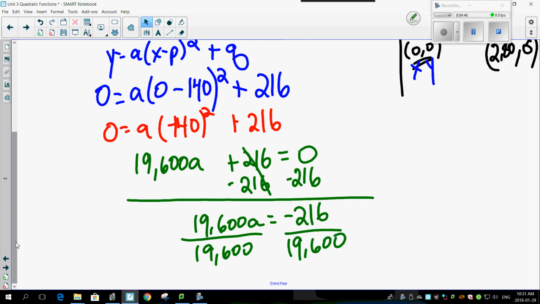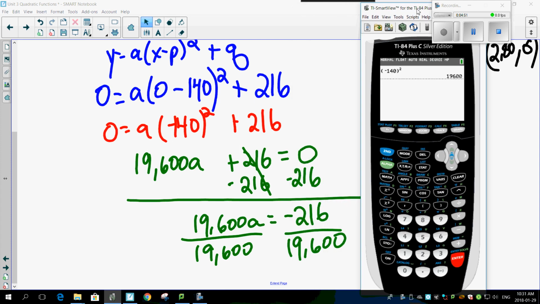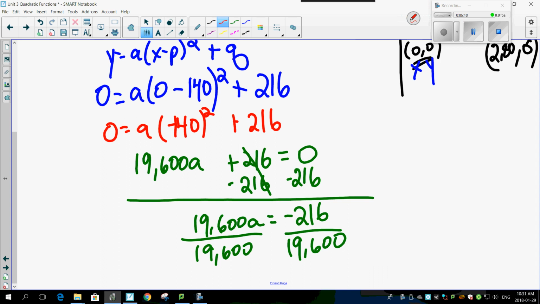Let's go back to our calculator right here and go, okay, so minus 216 divided by our 19,600. There it is. Excellent. Enter. Gives you an ugly fraction. Let's see if we can math frac that so it's a little prettier. Okay, math frac. Yeah, okay, minus 27 over 2450. Oh my goodness, that's not very pretty either. But there's your a value.